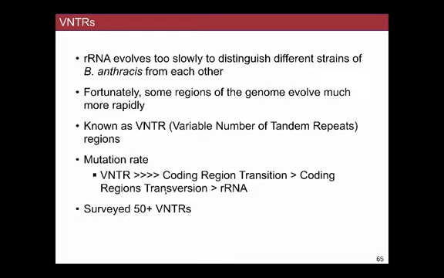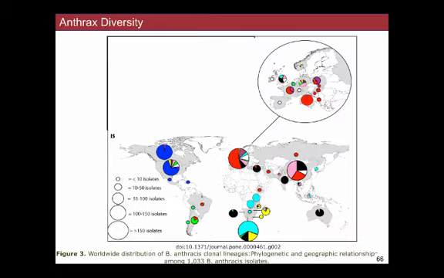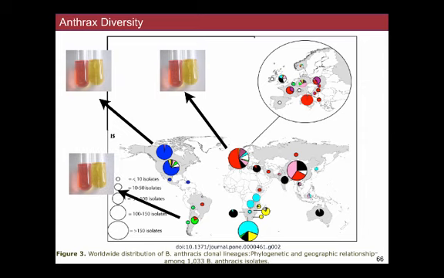And he surveyed about 50 different regions of the genome that contained different versions of these repeats, and then counted the number of copies, built a big data matrix, and built big evolutionary trees of this. I didn't mention that anthrax is culturable, so you could grow the anthrax in the laboratory and then do the experiments sort of the easy way, not doing environmental surveys, but doing it based upon cultures of anthrax from different areas.